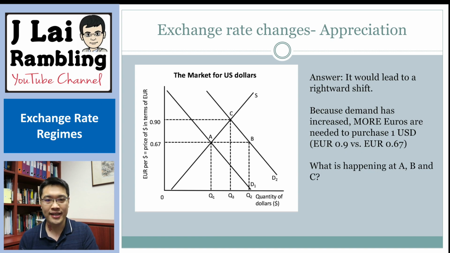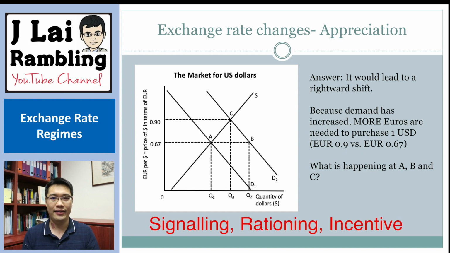Now, what is actually happening at these 3 points, at A, B and C respectively? As we have learned from the 3 functions of price, at 0.67 there's an excess demand of US dollars. Here the 3 functions of price kick in: the signaling, the rationing, and the incentive function.